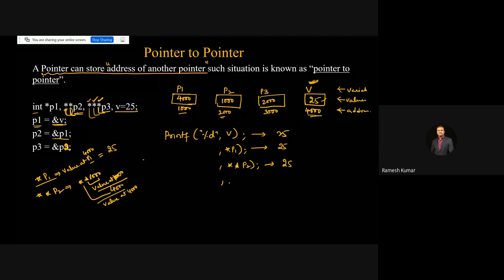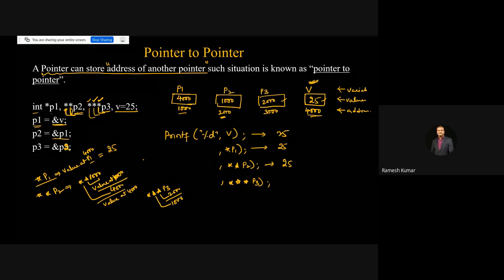Similarly, star star star P3 is also possible. Now what is P3? P3 is 2000. What does star 2000 say? Value at 2000. What value is there at 2000 location? 1000. Again the next star: value at 1000. You have to strip it out in this way so that answering the questions becomes easy.